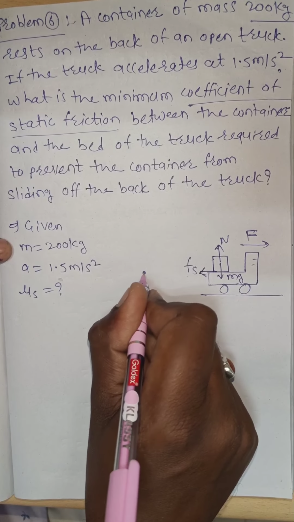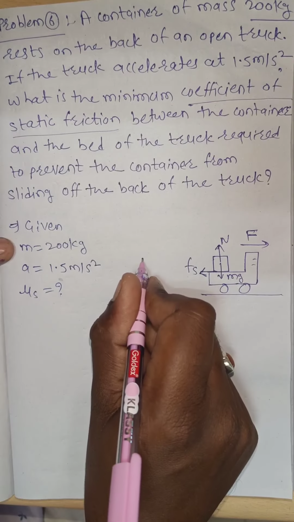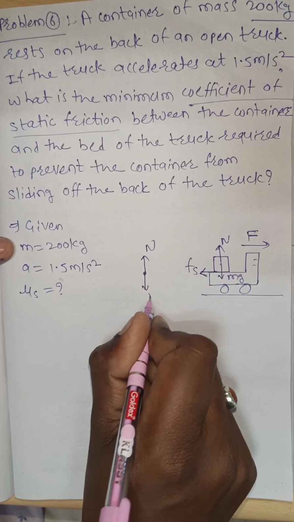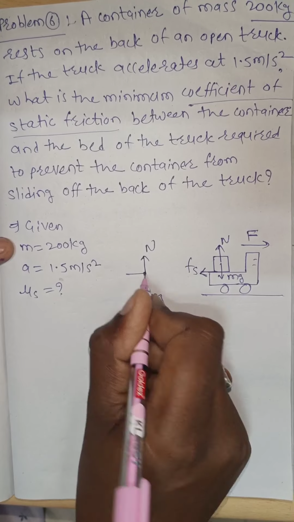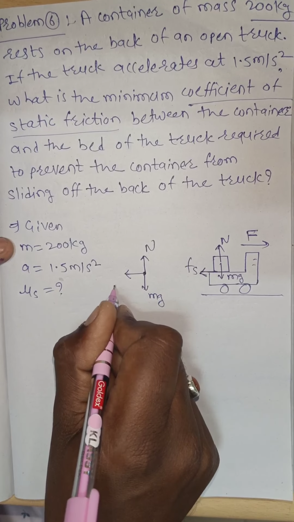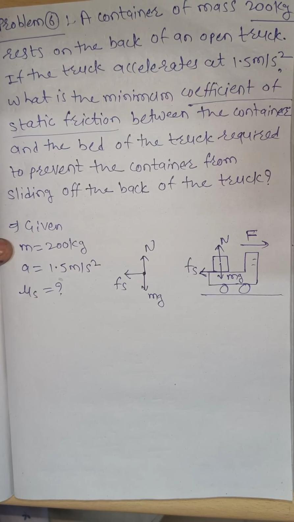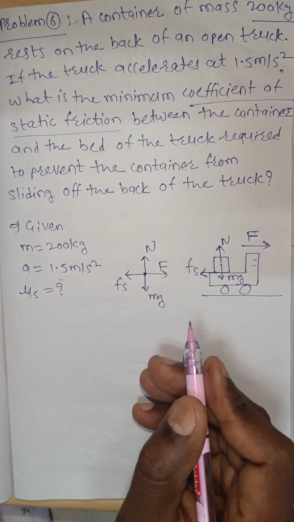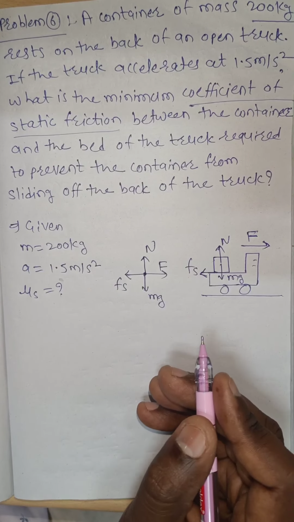Therefore first of all draw the free body diagram: normal reaction force in the upward direction, gravitational force in the downward direction, and in that direction static friction will act. The truck is moving in the forward direction, which means acceleration and the applied force are in that direction. Then we have to apply Newton's second law.